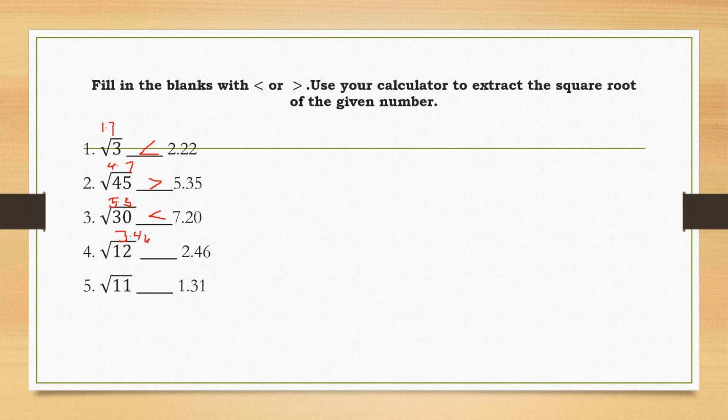Okay, 3.46 is greater than 2.46. All right. And what about square root of 11? Square root of 11 is equal to 3.31 or 3.3, and it is greater than 1.31. All right. So that is how we are going to compare the square root with the decimal. Get it? All right.